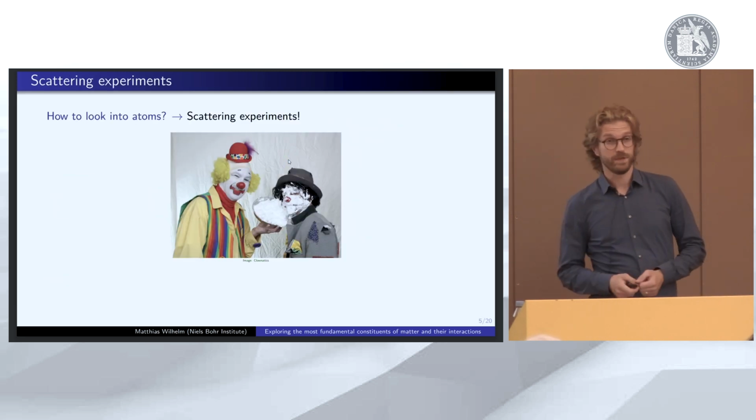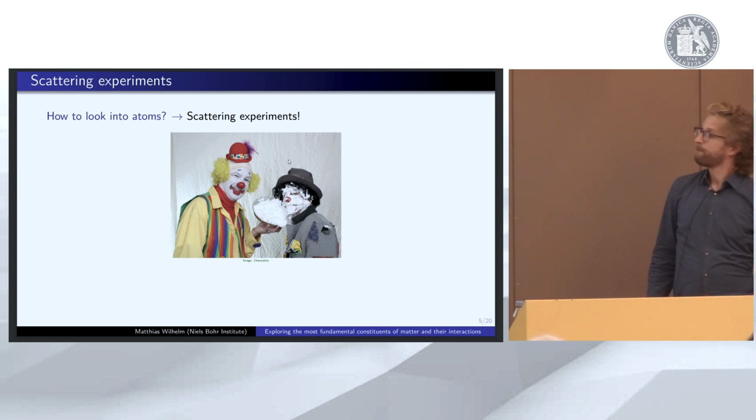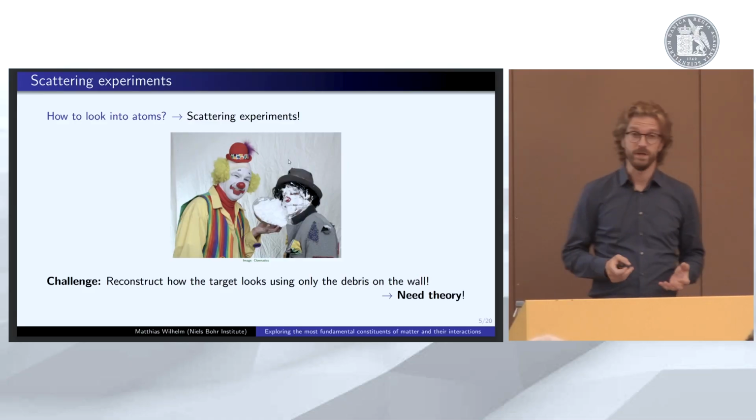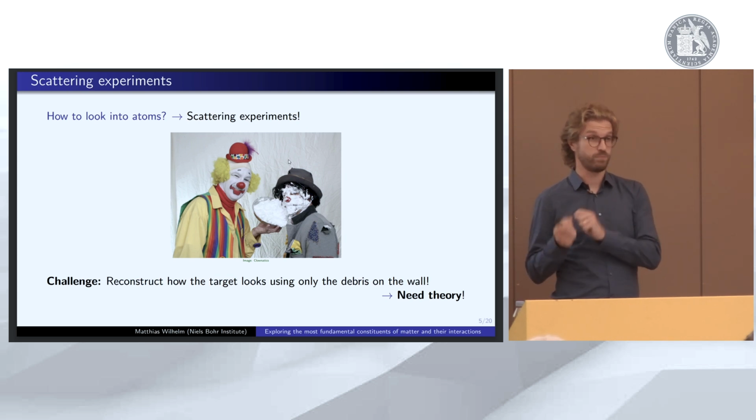One way to do this is to throw other particles at these atoms, in what is called a scattering experiment. The challenge is then to reconstruct how the target looked by only observing the pieces of pie at the wall behind it. But to do this, we need some theory explaining how the target interacts with the projectile.